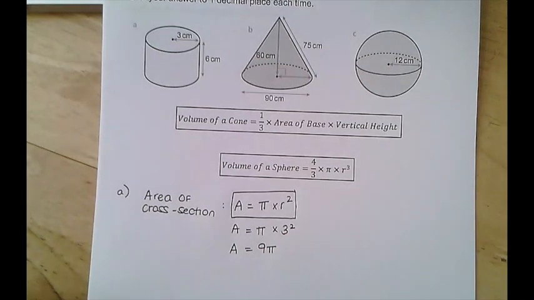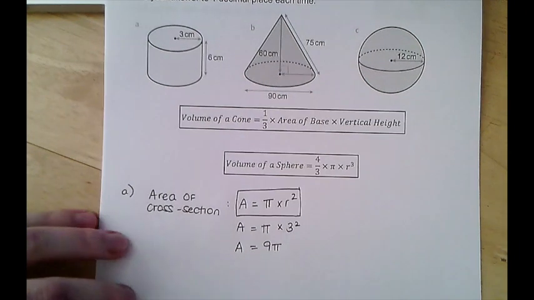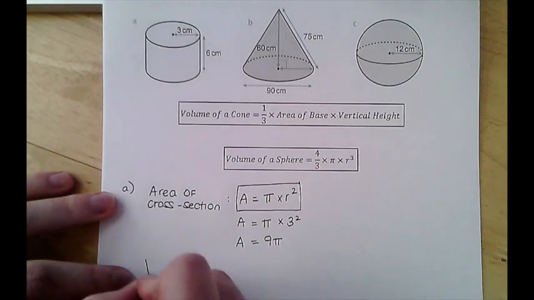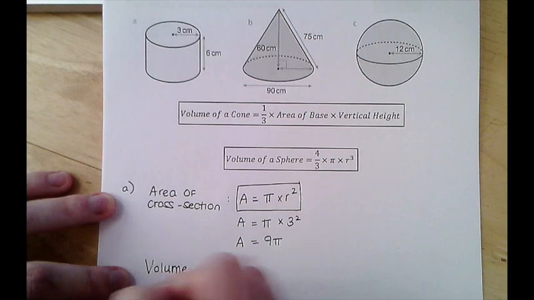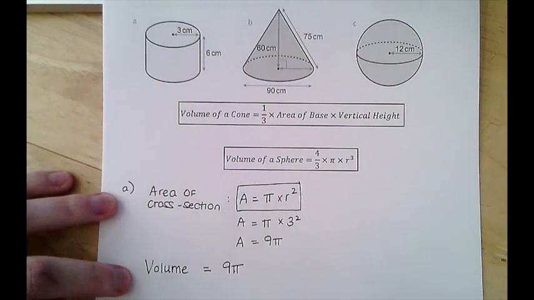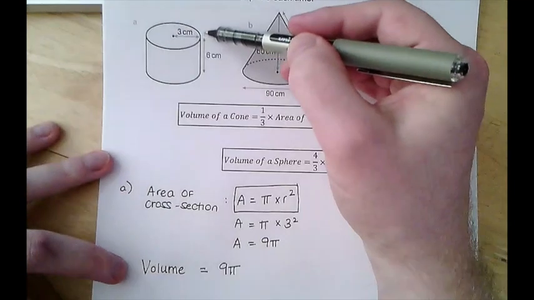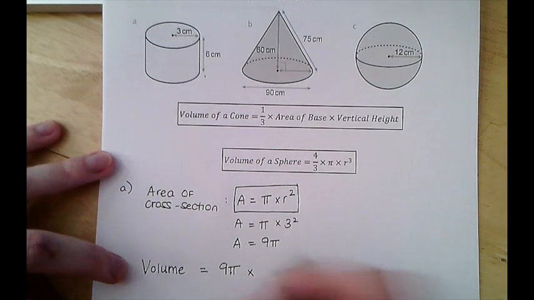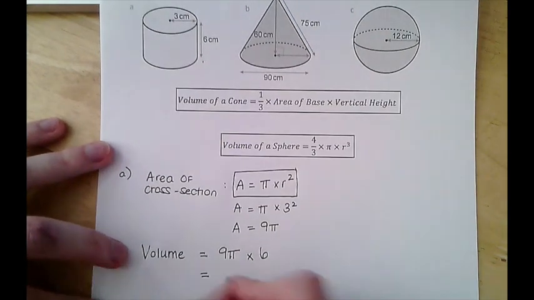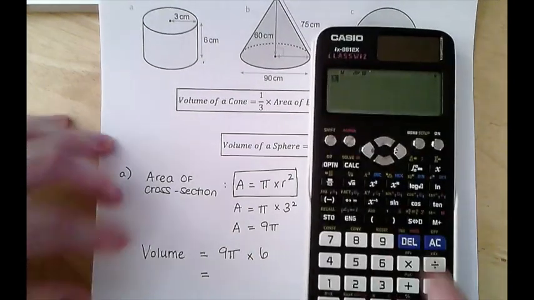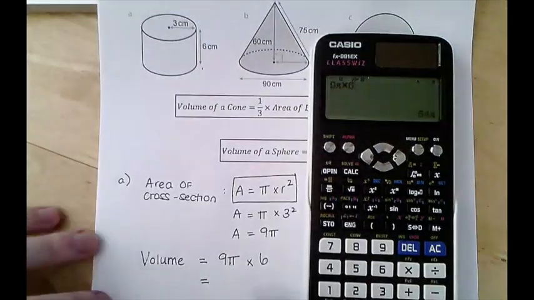Now, I'm not going to turn that into a decimal yet, because if I do, I'll have rounded too early. So therefore my volume is going to be 9 pi, which was my area of the cross-section, times by my height or length. So I'm going to times by 6. 9 pi times 6 will give you 54 pi.